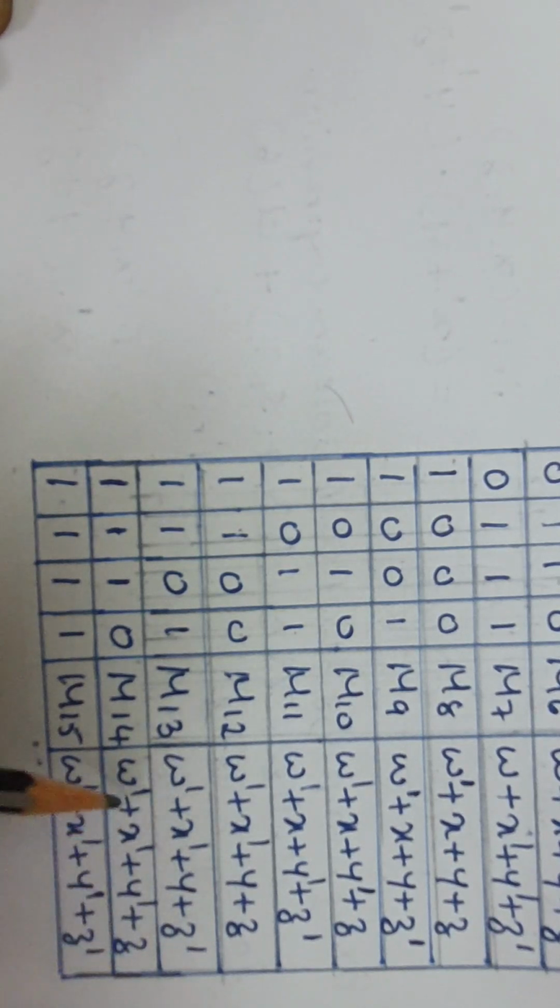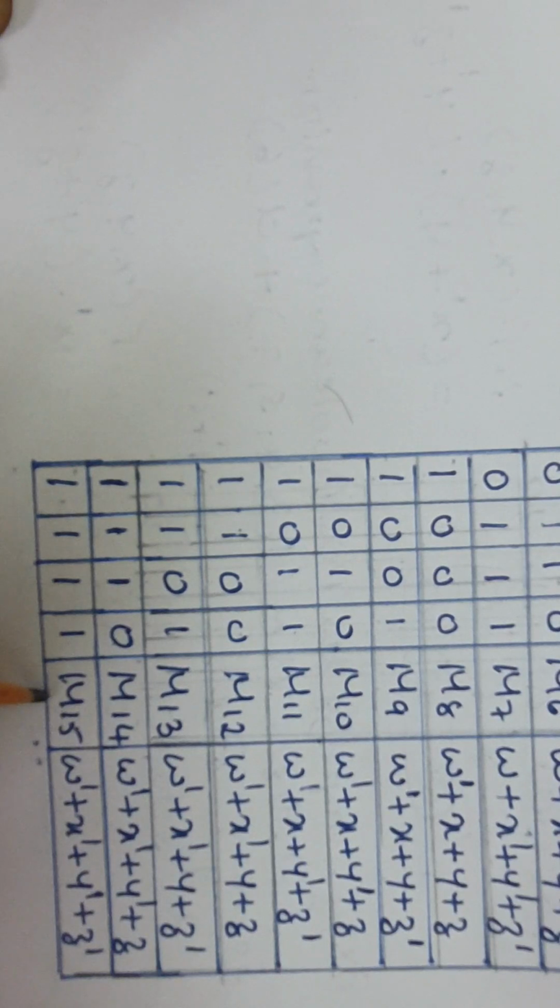This sum term w dash plus x dash plus y dash plus z represents max term 14. So all w, x, y, z are 1 here, hence w dash, x dash, y dash, z dash are taken in between plus sign. This sum term w dash plus x dash plus y dash plus z dash forms m15.